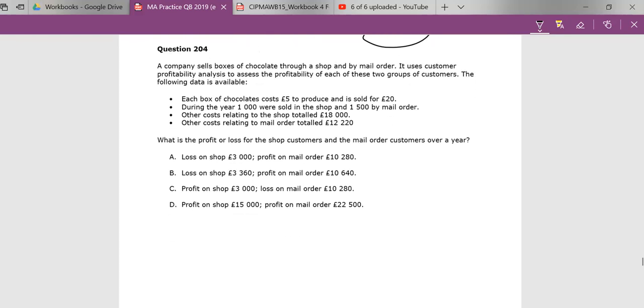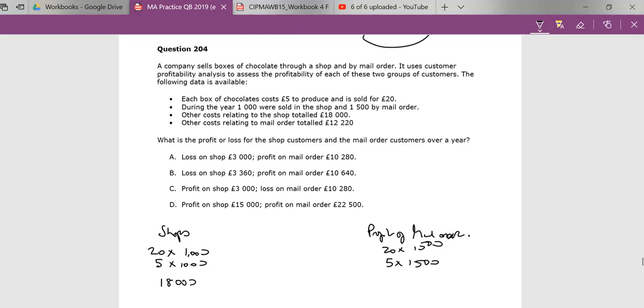Then it goes on to ask exactly the same thing again, but this time about shops. You would have done all this already, so you're just using my working to see where your differences are. You're selling each of these for £20, so 20 times 1,000 units, and here 20 times 1,500 units. It's costing you 5 each. Then you have specific costs of 18,000 and specific costs of 12,220.